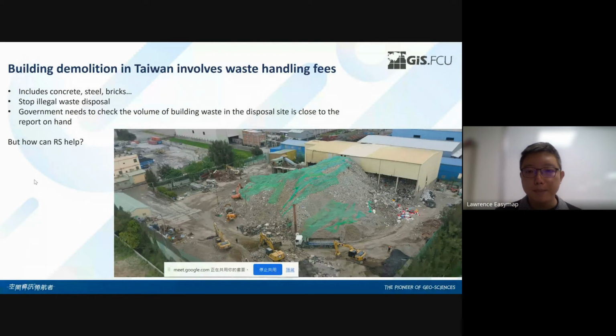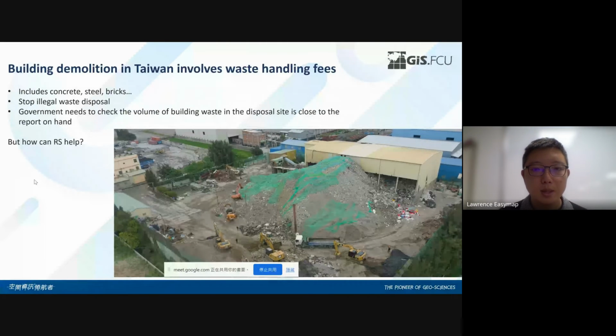They can compare the data to see if anyone is disposing of waste illegally. Such waste may include concrete, steel bars, bricks, and so on.